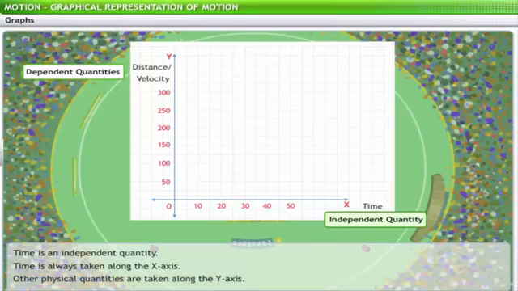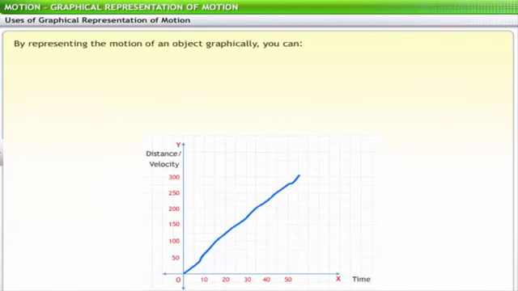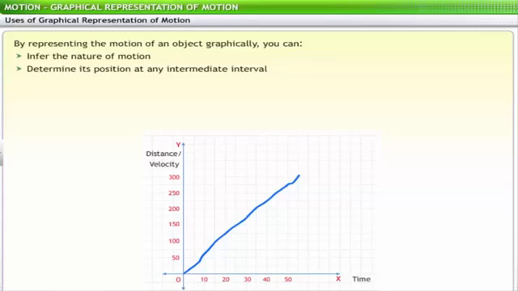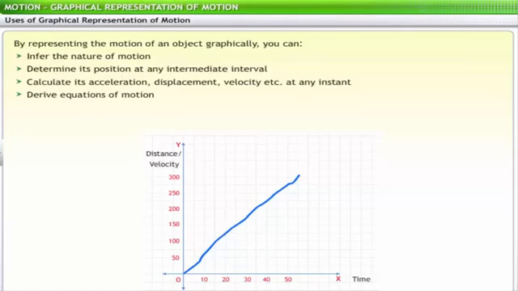You can create graphs in motion by comparing distance, displacement, or velocity to time. By representing the motion of an object graphically, you can infer the nature of motion, determine its position at any interval, calculate its acceleration, displacement, velocity, etc. at any instant, and derive equations of motion.